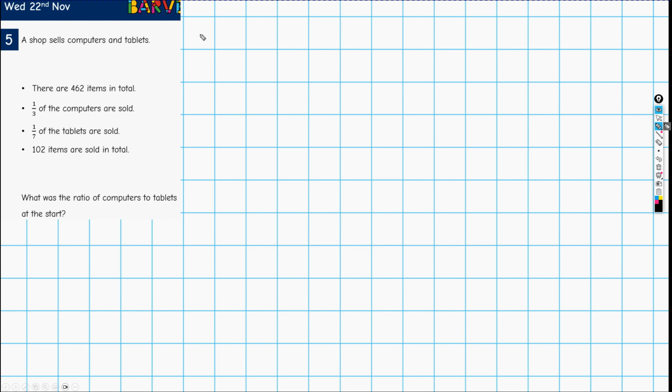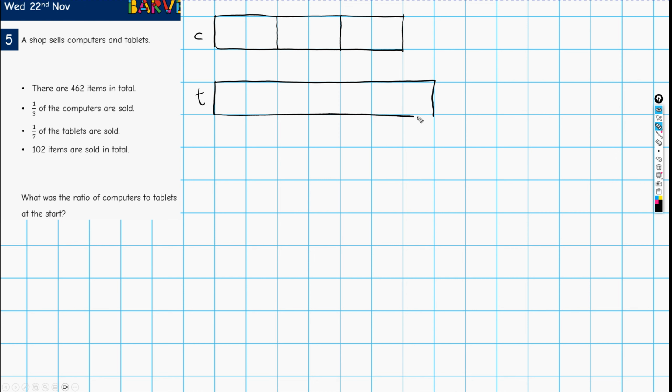So I'm going to draw a bar for each. Computers, tablets. This is the bar for the computers. And because we're told that a third are sold, I'm going to divide this into three equal parts. And then I'm going to draw a bar for the tablets.